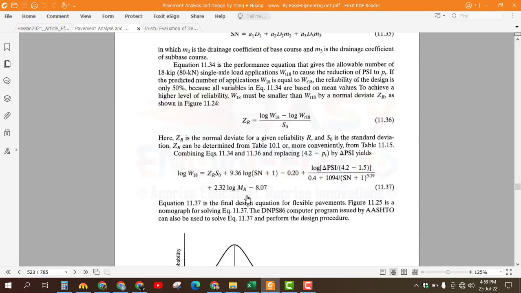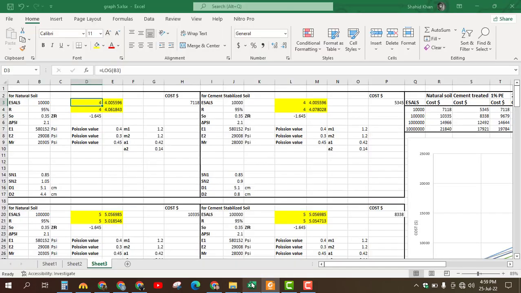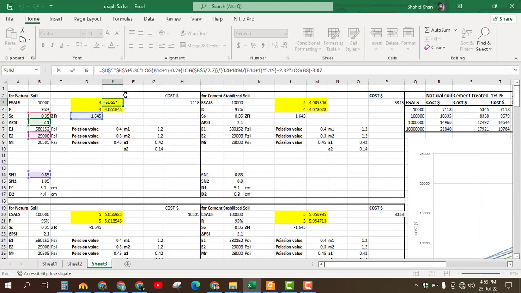The right hand side I write in Excel is in this cell. Here I put the values for different parameters like D5. So the ZR value is this, multiplied by B5. B5 is this S0 value. ZR multiply S0 plus 9.36 into log of SN plus 1.